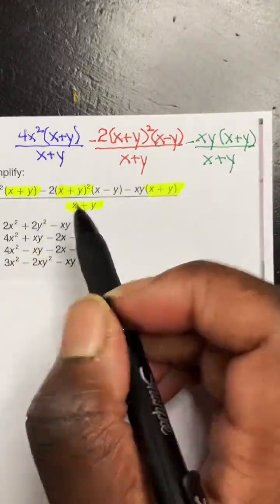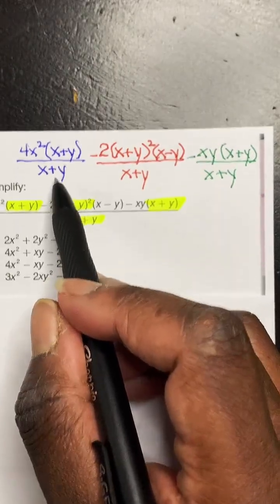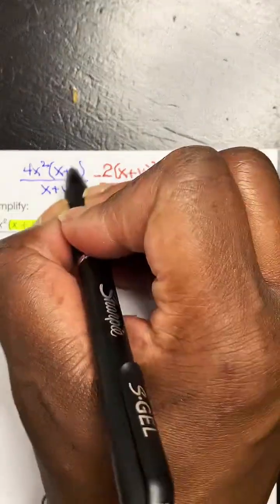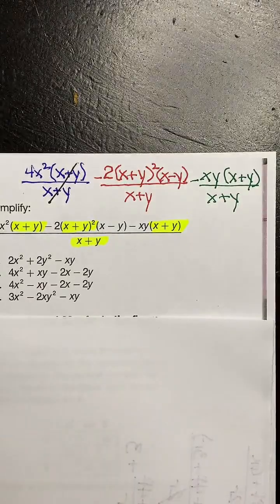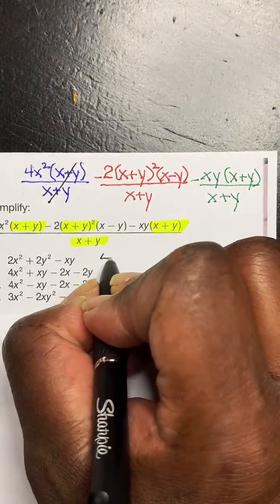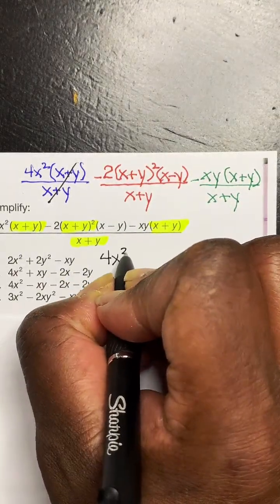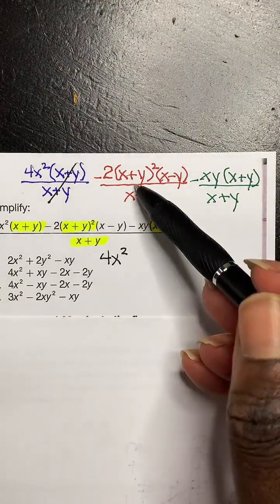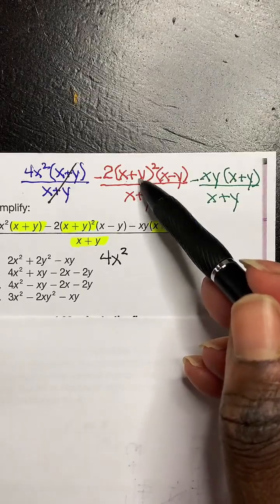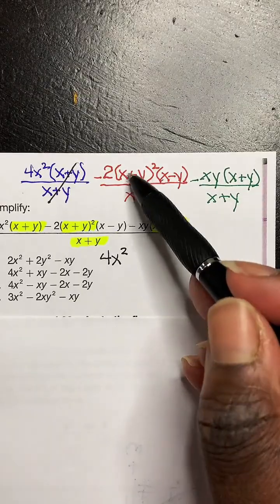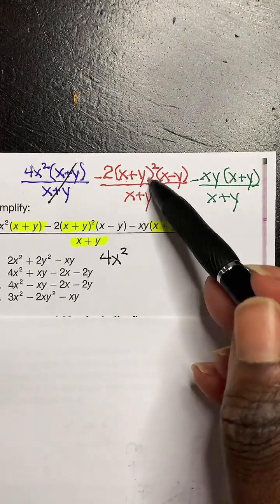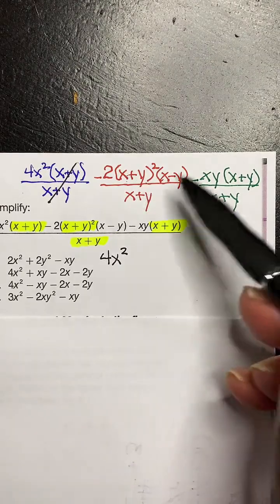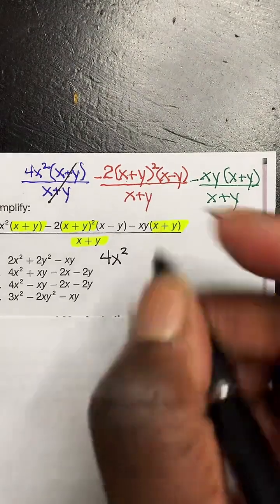So for the first one, I noticed that x plus y and x plus y can cancel out. So what's left is my 4x squared. All right. Here we have this x plus y squared. That means there's 2 of them being represented. But I can cancel out one set.